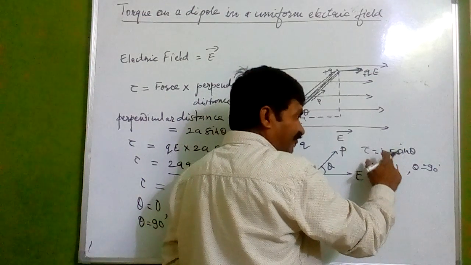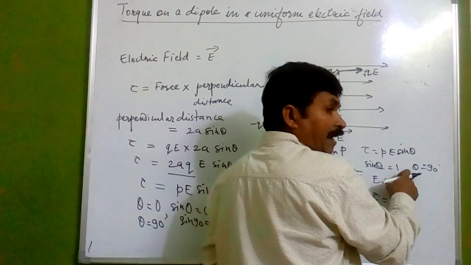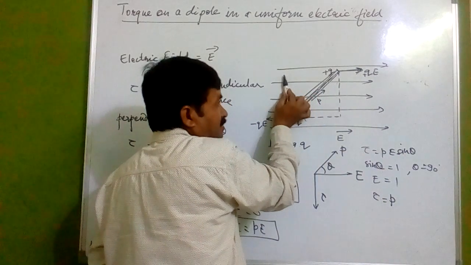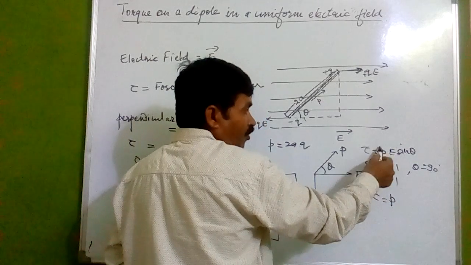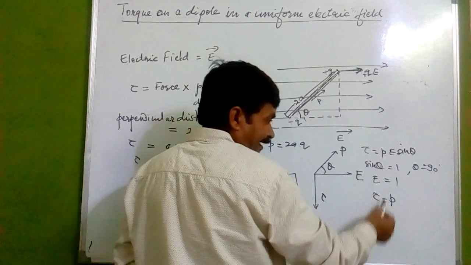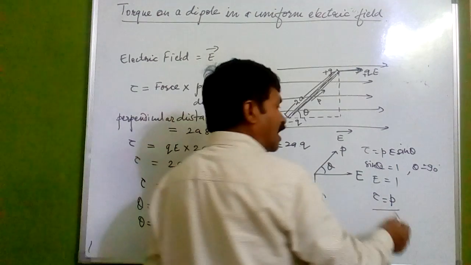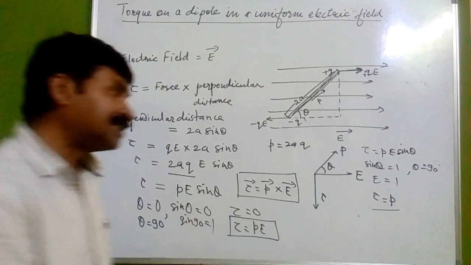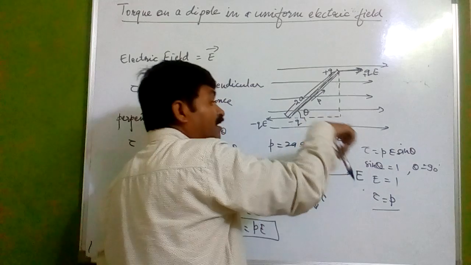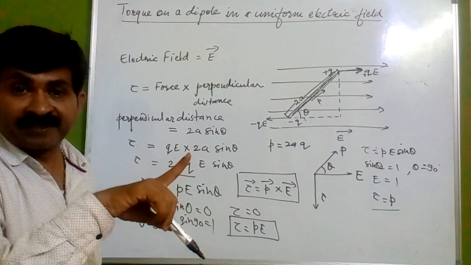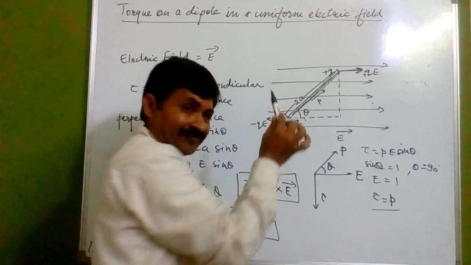Both will be 1, so the torque is equal to the dipole moment. Thus we can define the dipole moment in terms of torque: it is equal to the torque developed in a uniform electric field of unit value, when the dipole is kept perpendicular to the electric field.